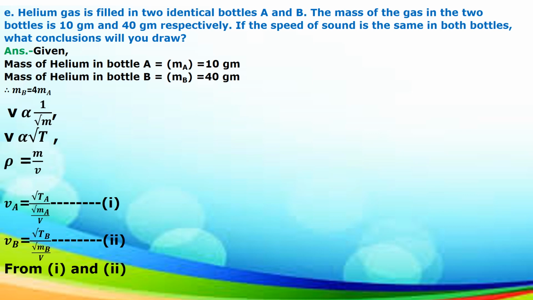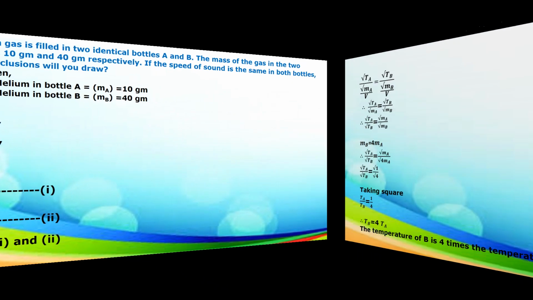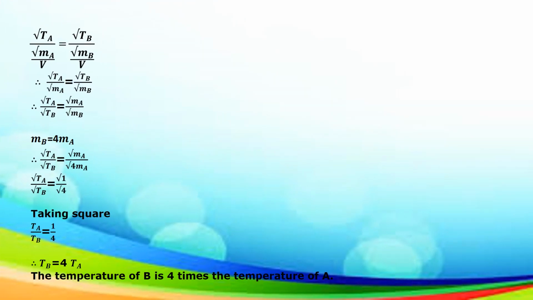So from equation 1 and equation 2, we get square root of TA upon square root of MA upon V is equal to square root of TB upon square root of MB upon V. Now this V will get cancelled.